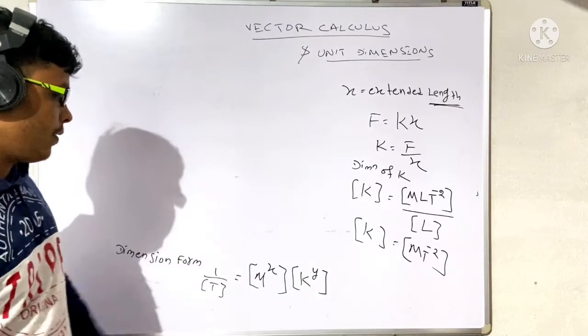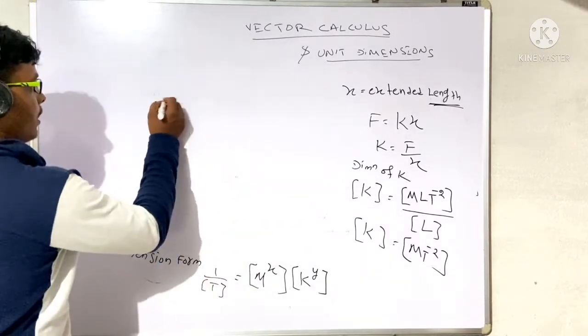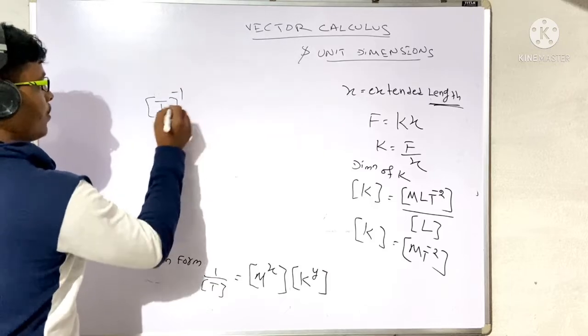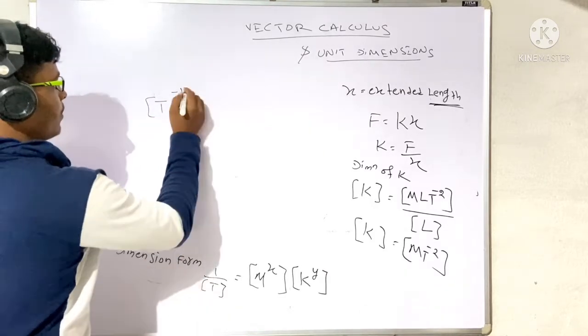Now substitute here. 1 by T means T inverse.